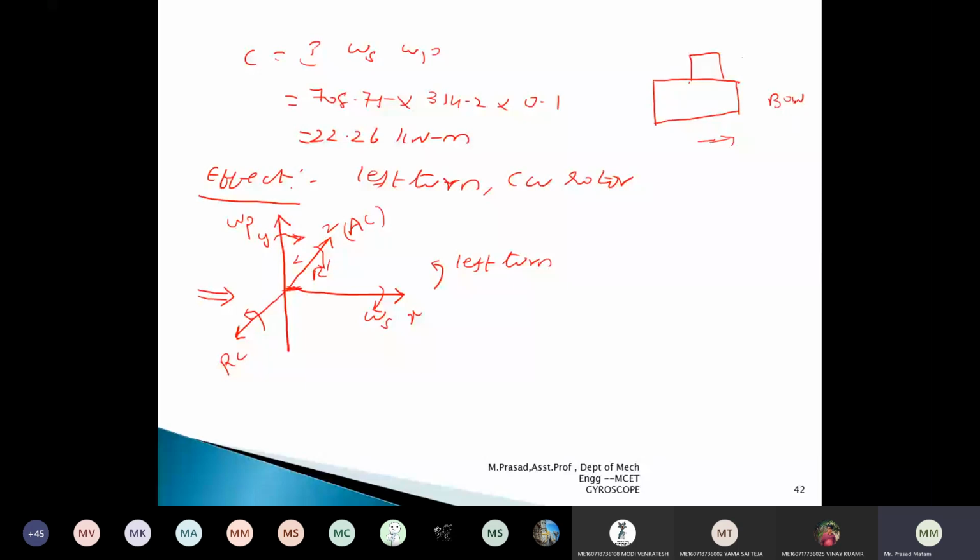The rear end of the ship we call the stern. I am seeing from the back side. How is the active couple moving from left side to right side? I am showing the active couple like this. Now what is the active couple doing here? Active couple tries to dip the bow and lift the stern. But to maintain equilibrium, the reactive couple comes into the picture here.